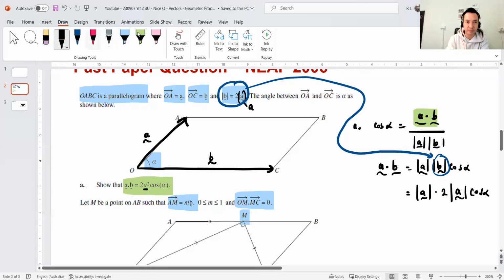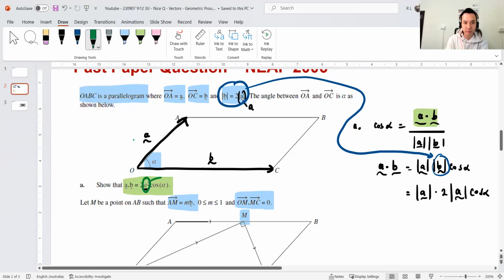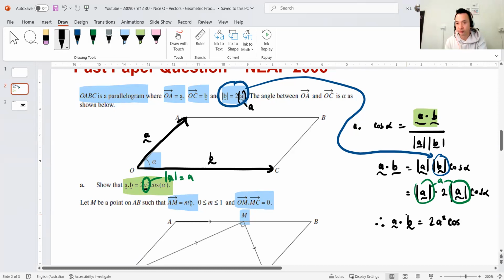And then, like I said, guys, replace magnitude with A. So this guy and this guy are both A's. Therefore, possibly for 1 mark, that equals 2A squared, A squared being a constant. Done. Part A, quite simple, quite straightforward.